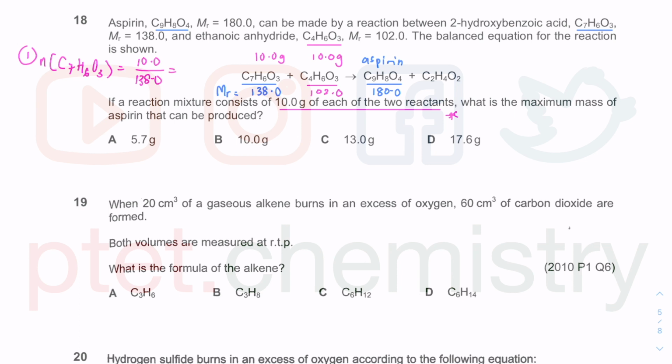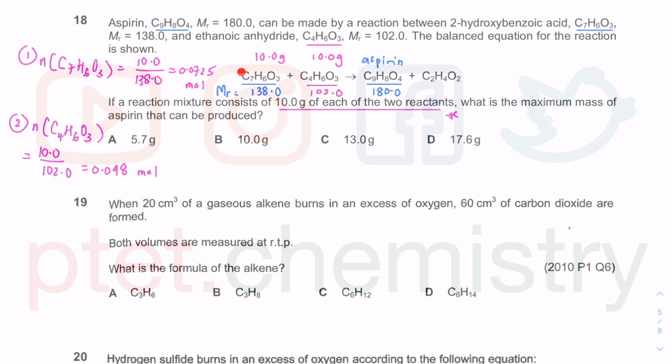I get 0.0725 mole. And for my part 2, I can do mole of C4H6O3 equal to mass over Mr, so 10 gram divided by 102.0, and I get 0.098 mole.